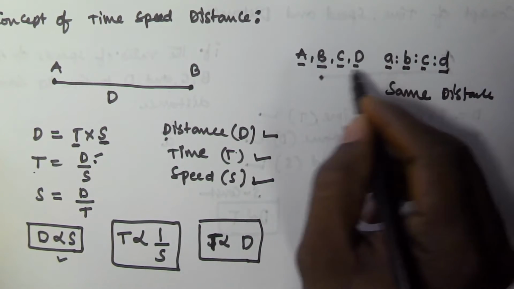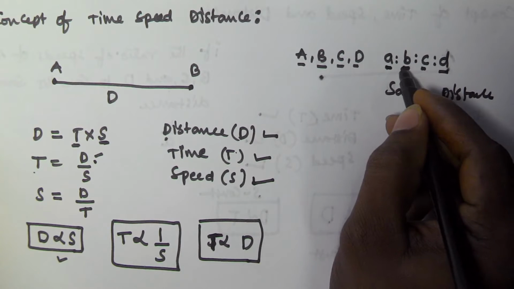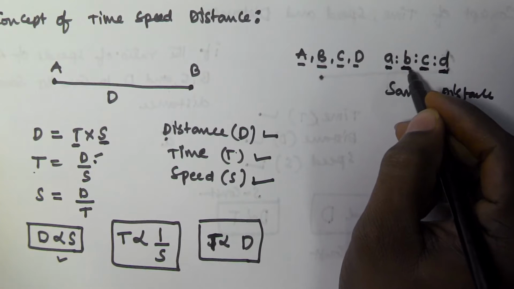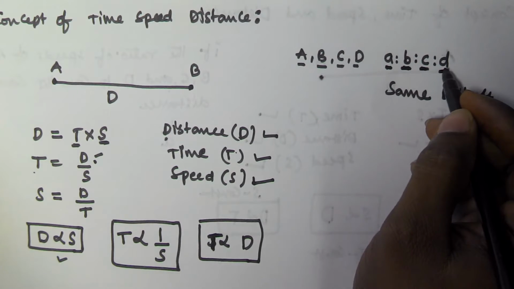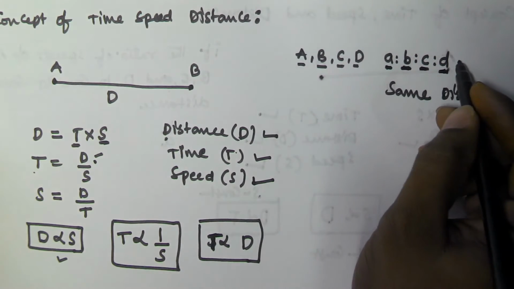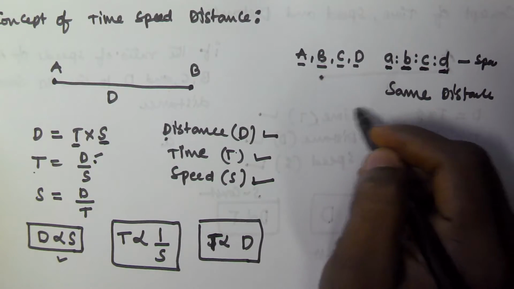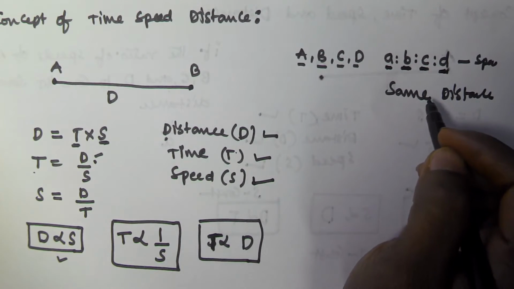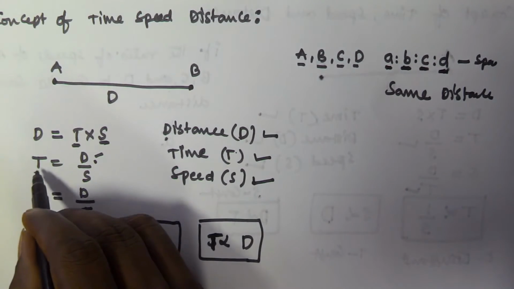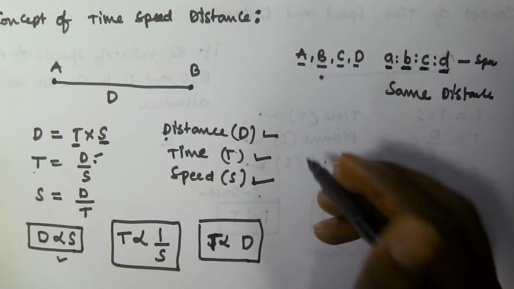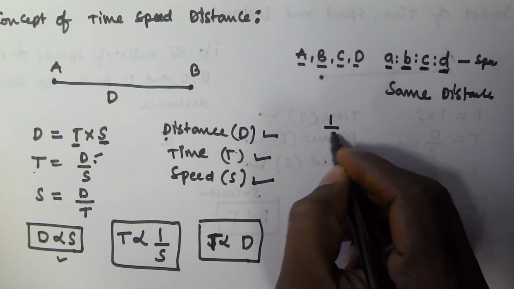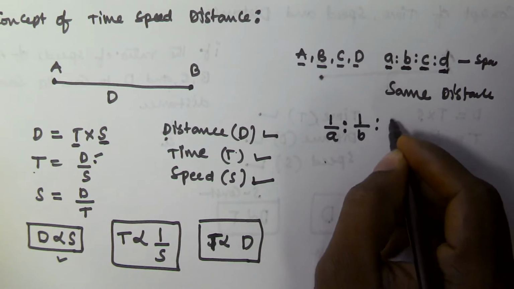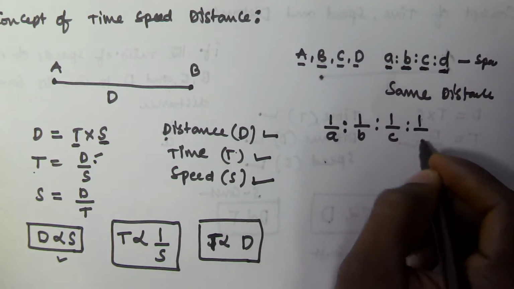So these are the speeds of A, B, C and D in the ratio A is to B is to C is to D. Then the time taken by A, B, C, D to cover the same distance is inversely proportional to the speed, so the times are in the ratio 1 by A, 1 by B, 1 by C, 1 by D.